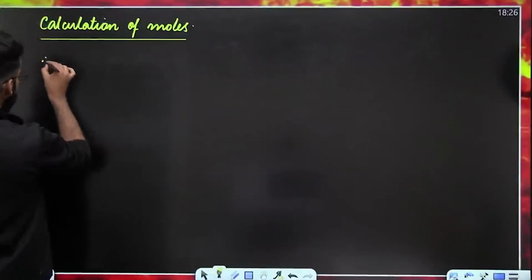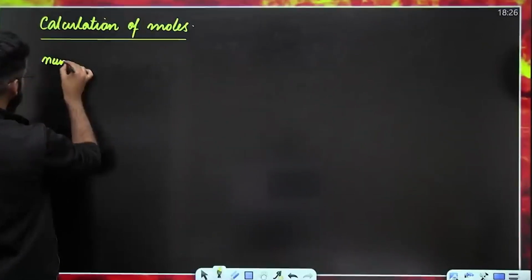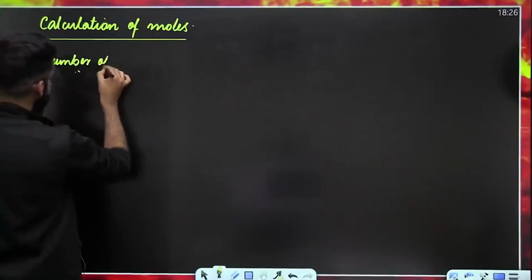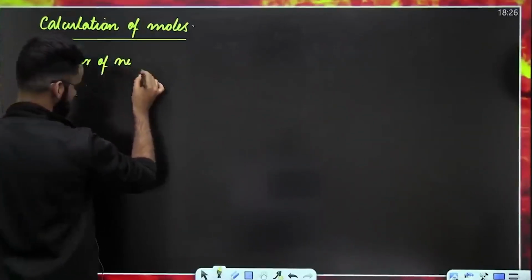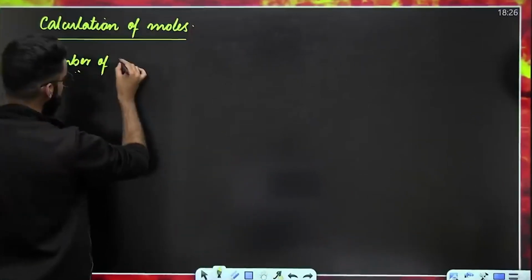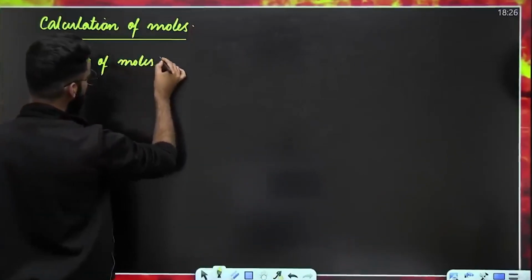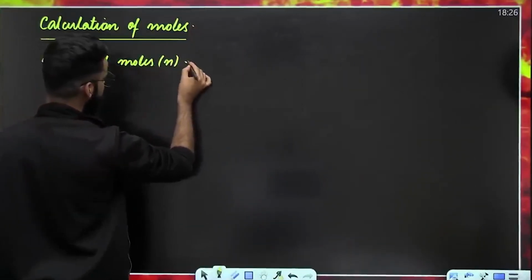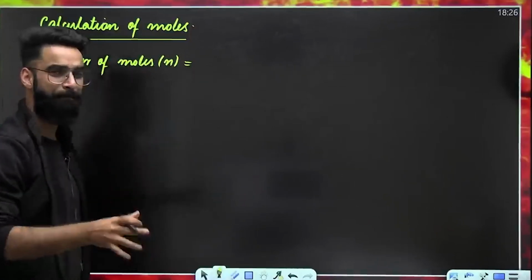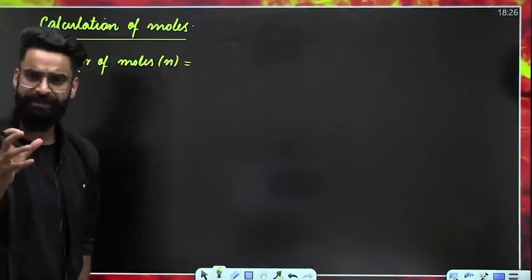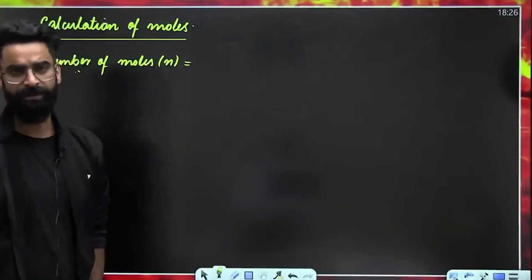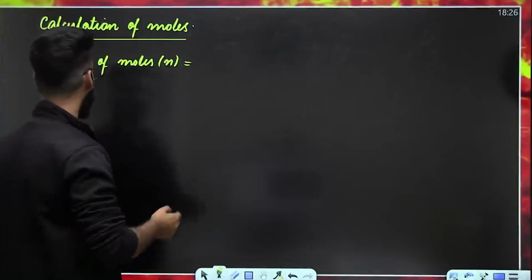Okay, have a look, people. Over here I'm writing the terminology: the number of moles. Number of moles is represented by n. And there are many ways by means of which we can calculate the number of moles. How exactly?